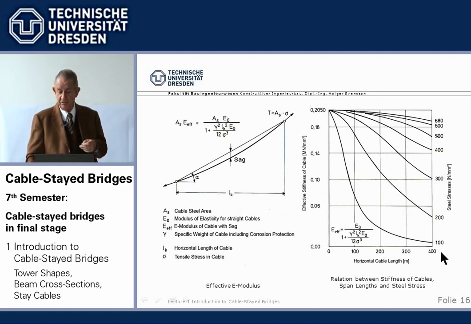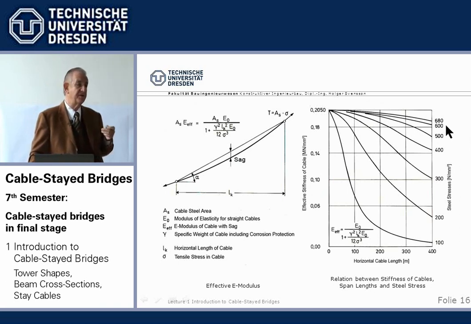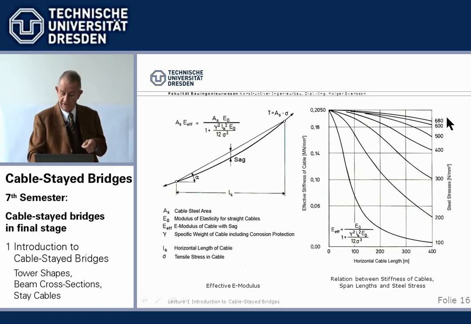If we have very low strength steel, which we stress not highly, we lose up here 50% and more. Now this is theoretical. Our systems today play in this upper region where we have a little reduction in E modulus, but not very much. It's not really governing the design anymore.